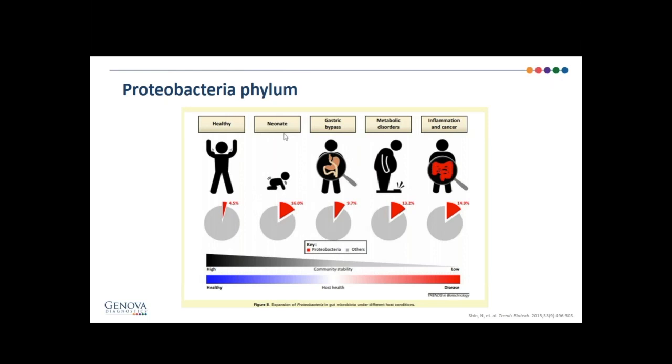So, you know, you can see that the neonate has Proteobacteria, but they're still high community stability and they're healthy. Gastric bypass, so that can alter the pH, bile flow, and intestinal hormones that influence the abundance of Proteobacteria. And then we see metabolic disorders, inflammation, and cancer have higher proportions of Proteobacteria.